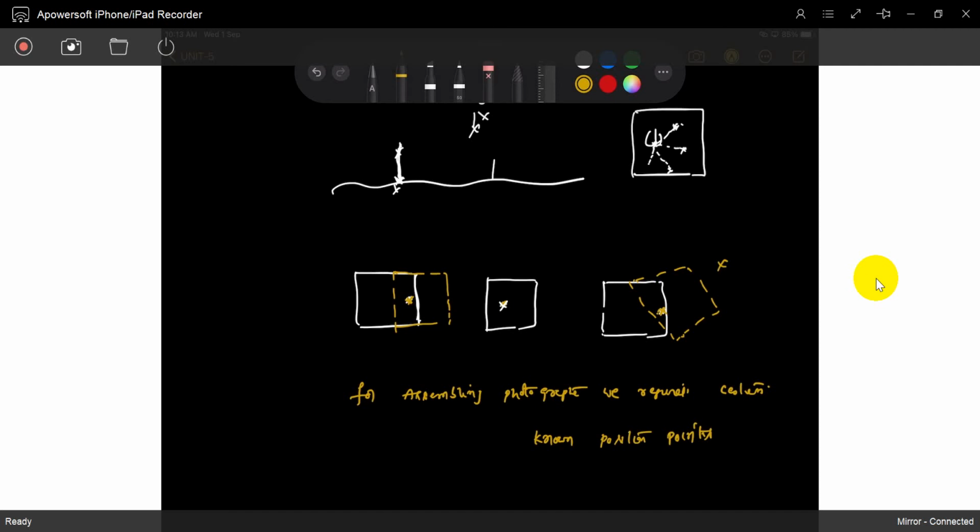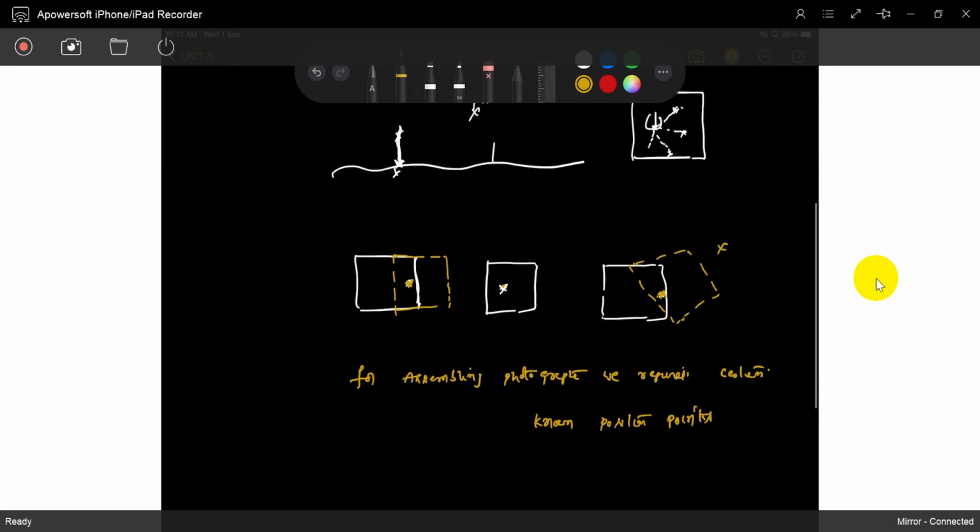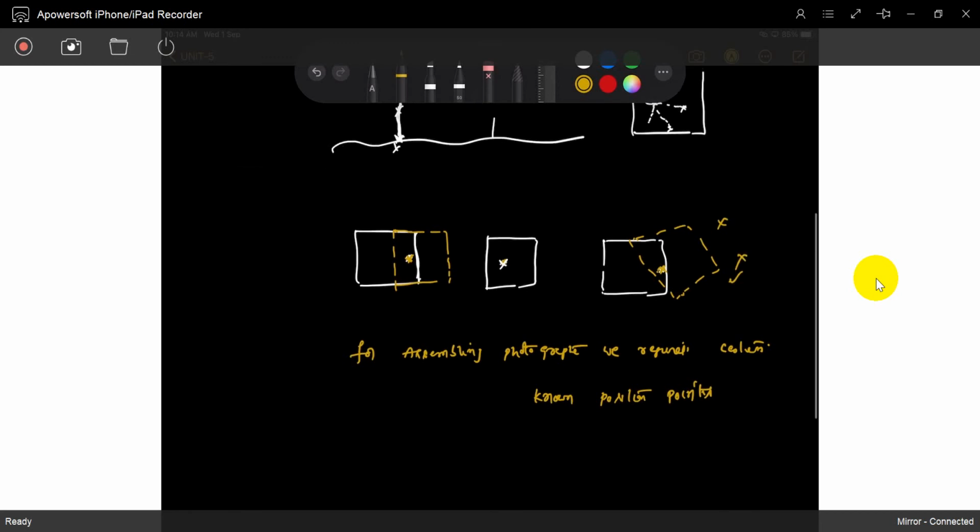So that's why we require at least 4 points. Understood? At least 4 points are required to assemble any photographs. If you fix only one point, you can rotate like this. So this is not the way. We need at least 4 points which are not located near each other. If they are all near, that is very bad.